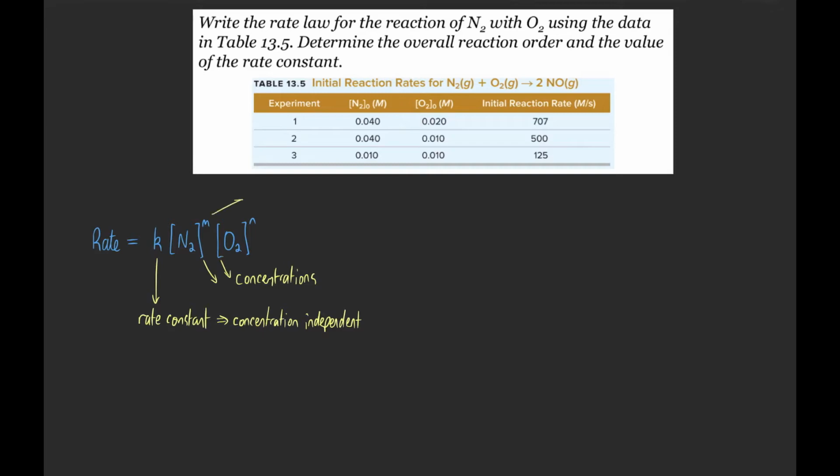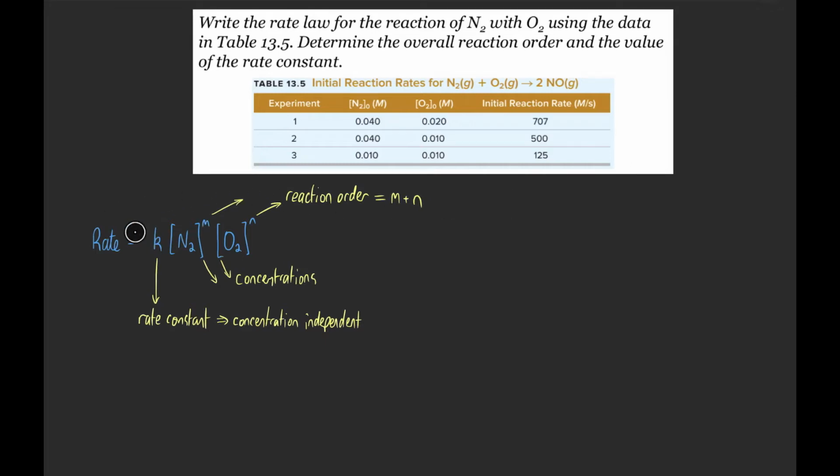Finally, we have m and n, which are the reaction orders. We have an order with respect to every reactant, and the overall reaction order is equal to the sum of the orders with respect to each individual reactant. So in this case, we have 2 reactants, and the overall reaction order is going to be the sum of the orders of each individual component.